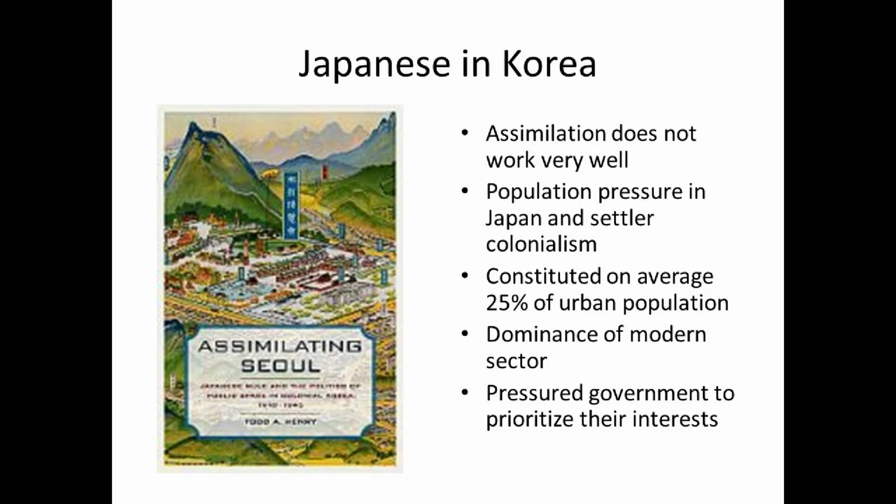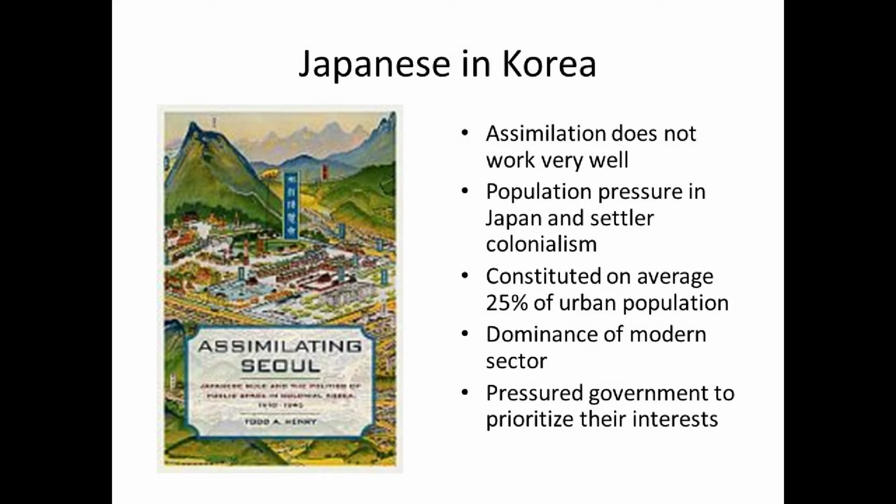Now, there were some Japanese farmers who settled in Korea, but a lot of Japanese people settled in Korea and lived in the cities. In fact, Japanese people, who would number in the millions in Korea, would constitute an average of 25% of the urban population. That's huge.